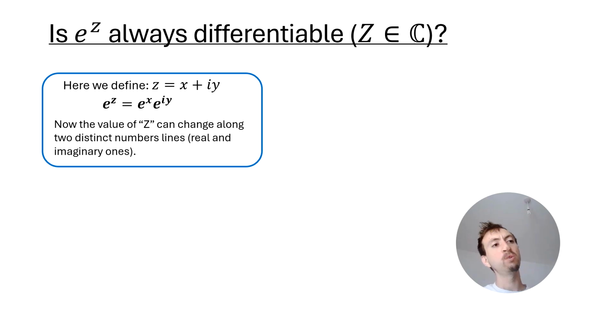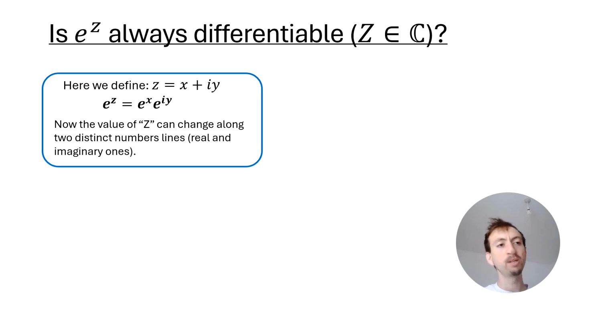However, if we're considering differentiating e to the z, well, z has a real part and an imaginary part. So when we're changing z by an infinitesimal amount to work out the derivative, do we mean we're changing z an infinitesimal amount along the real axis? So are we changing x by an infinitesimal amount? Or are we changing z an infinitesimal amount by changing the imaginary part of z, so changing y an infinitesimal amount?